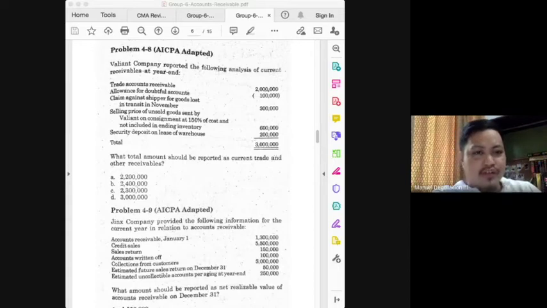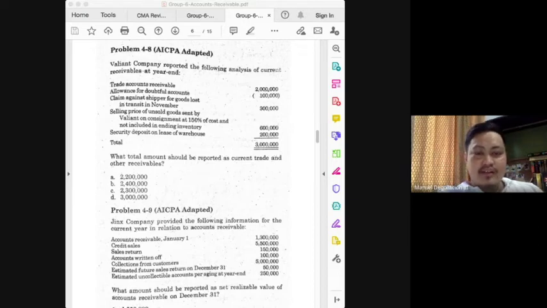If our answer is yes, meaning goods in the hands of the consignees are considered sold already, then we will recognize a revenue and a receivable. But if our answer is negative, meaning goods in the hands of consignees are not yet deemed sold, then we will not be recognizing any revenue and any receivable.